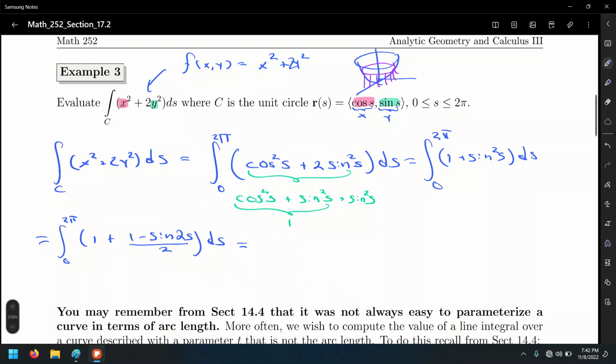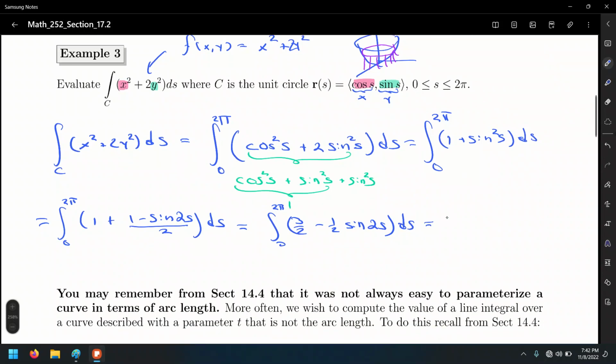If we split this term, that's going to give us the integral from 0 to 2 pi of 3/2 minus 1/2 cosine 2s ds. If we integrate this function, we should get 3/2 of s minus 1/4 sine 2s.